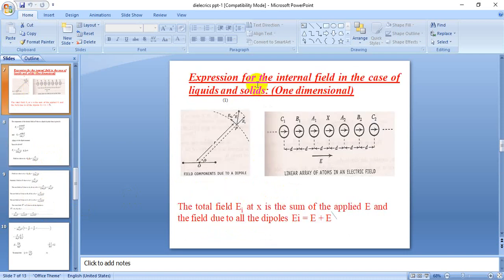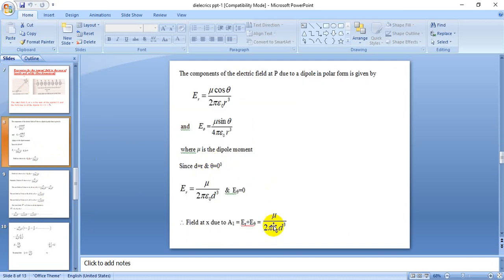What is the electric field we are going to write? Here also we need to consider both polar components, ER and E theta. E theta we already know is 0, only ER will come. ER, what we already found, is mu divided by 2 pi epsilon naught d cube. So you write this as the field at X due to A1.